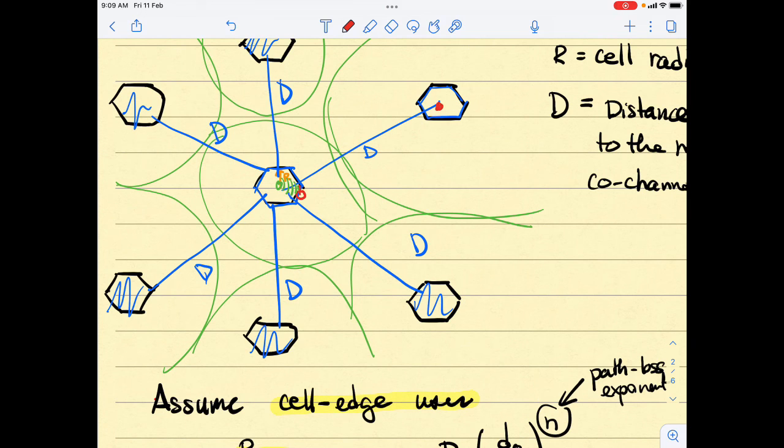From these base stations, they use the same set of frequencies, so the signal will interfere with this user, and we're going to say the distance is approximately D. This base station is going to transmit the signal, and if the power is strong enough, there may be a chance that it's going to interfere with this cell edge user, and also all the other 6 cells, or the other 4 cells.